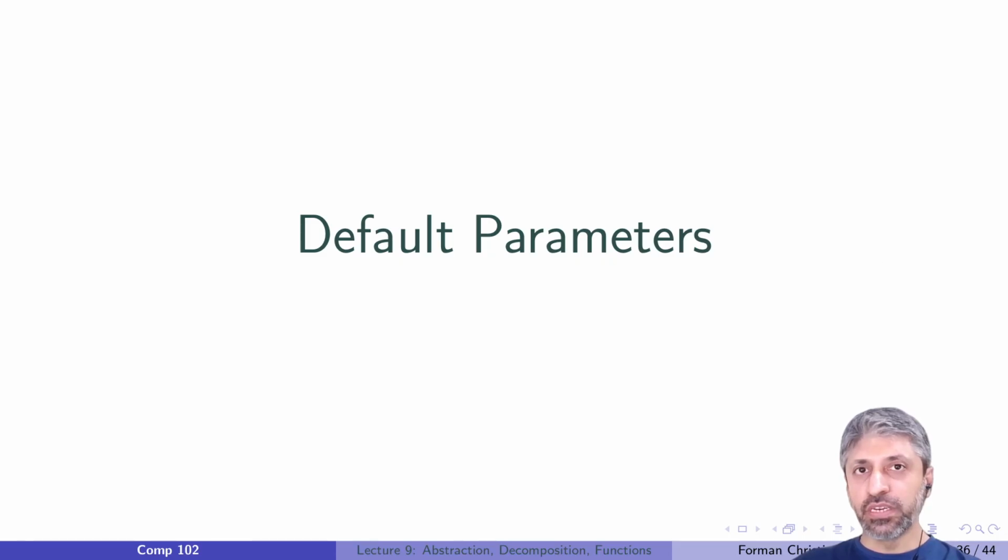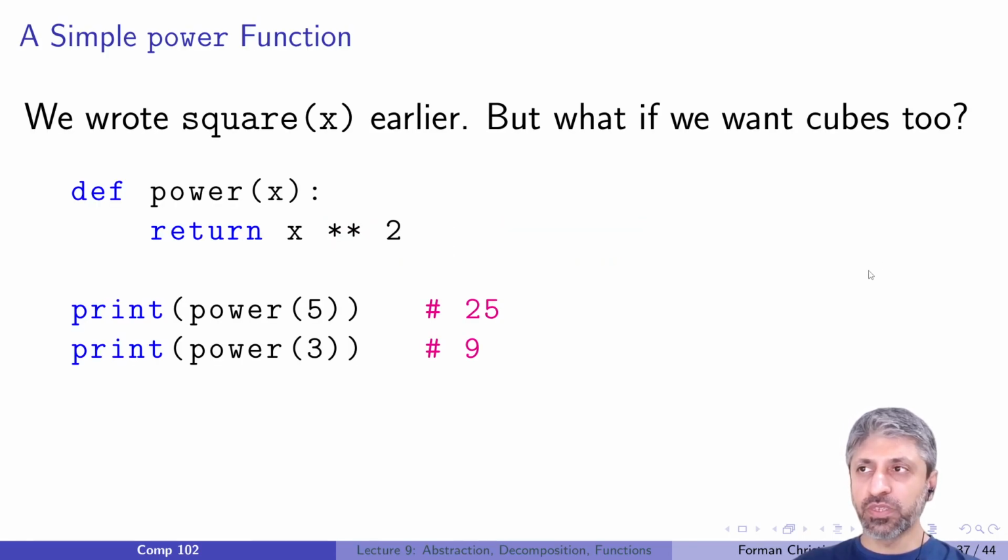Let's talk about default parameters. The case is essentially, let's say that we already have written a function called square, which squares any number that you give as a parameter. But what if you want to compute cubes also? Then you have to write another function that computes the cubes, right? Consider this function called power.